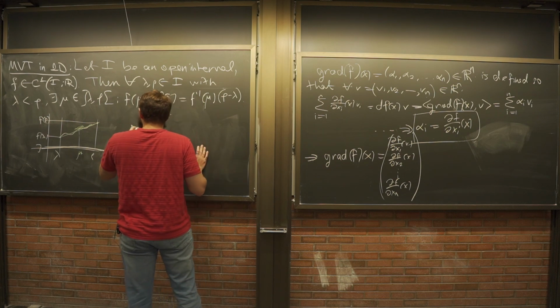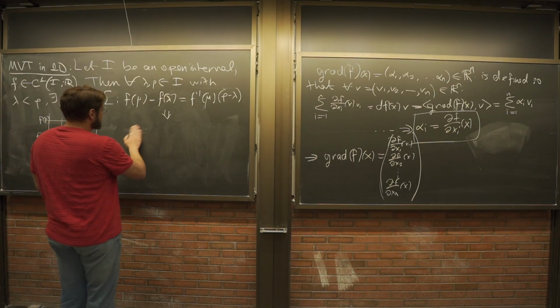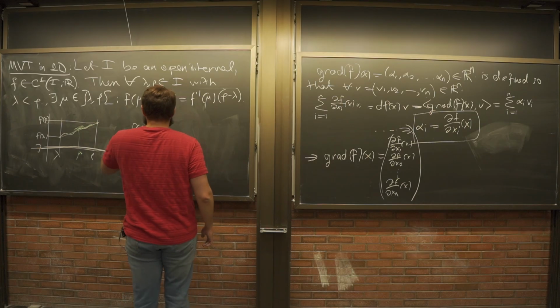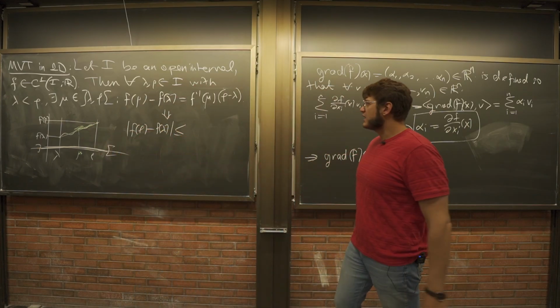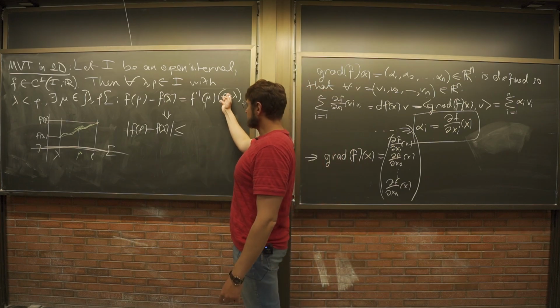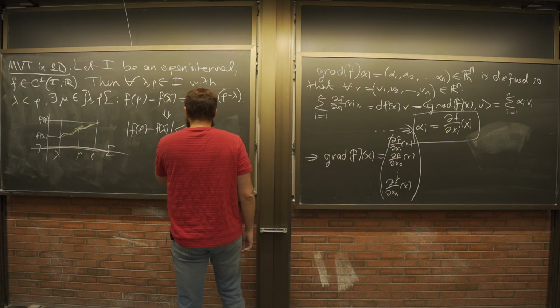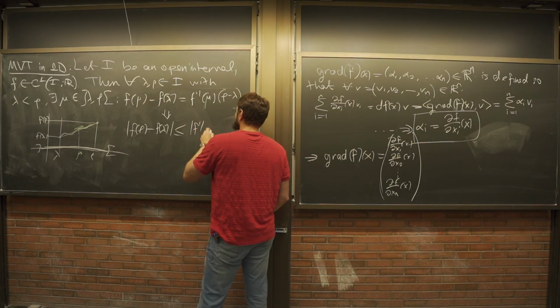Namely, you use the fact that this is bounded from above by this length times an upper bound of f prime, some norm of f prime.